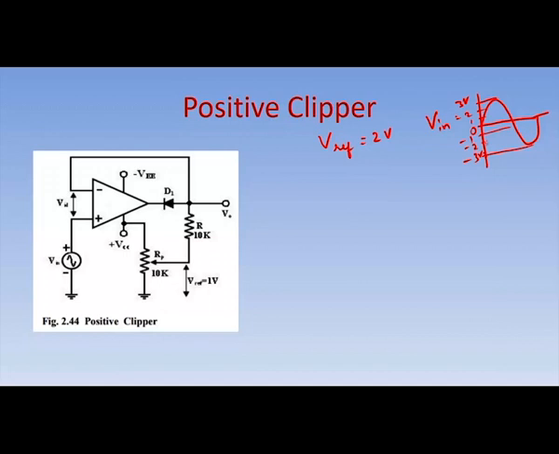So, these are the values of the alternating input signal at instants of time. How will you get the output for this particular circuit?